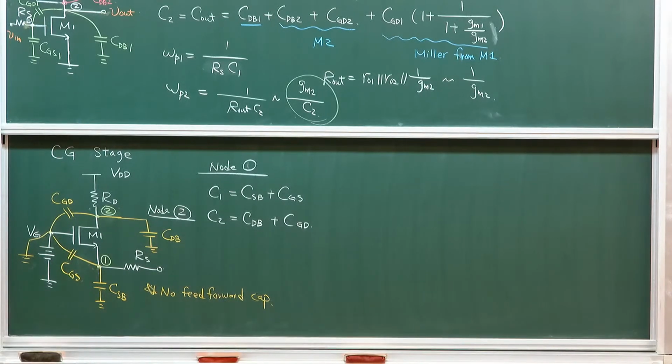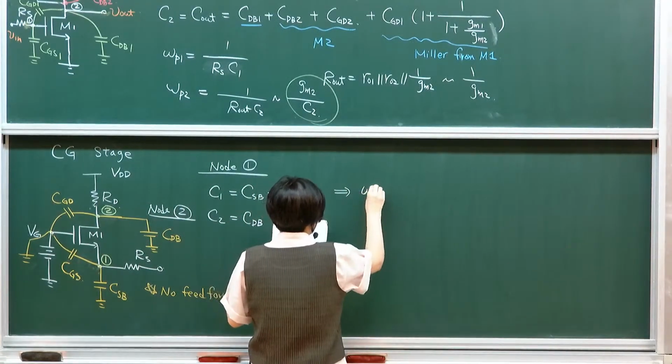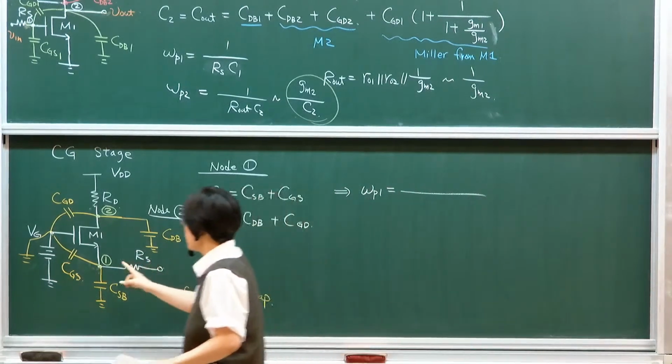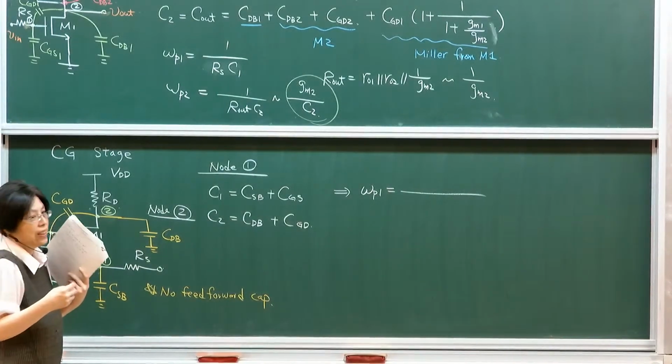For node 1, it would then introduce omega P1, which would be determined by input resistance. If you look at input resistance, it will be RS in parallel. Remember, input resistance of a common gate is what? Go back. What is it? Correct.